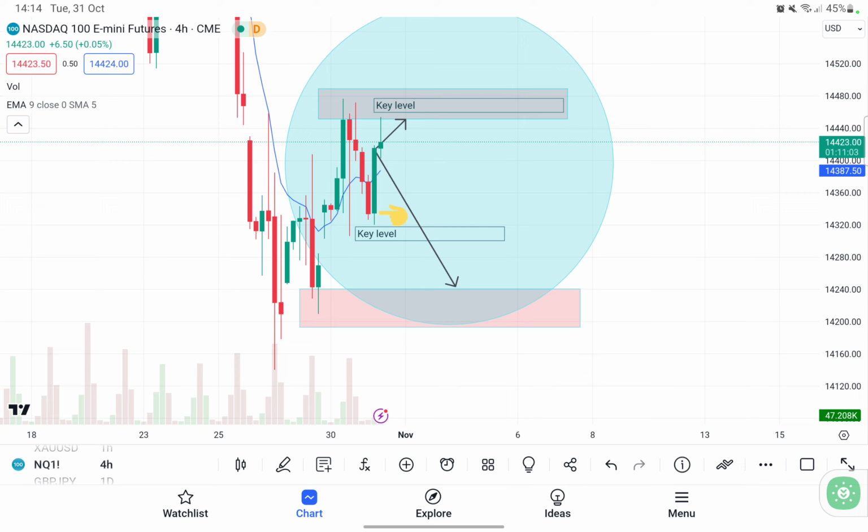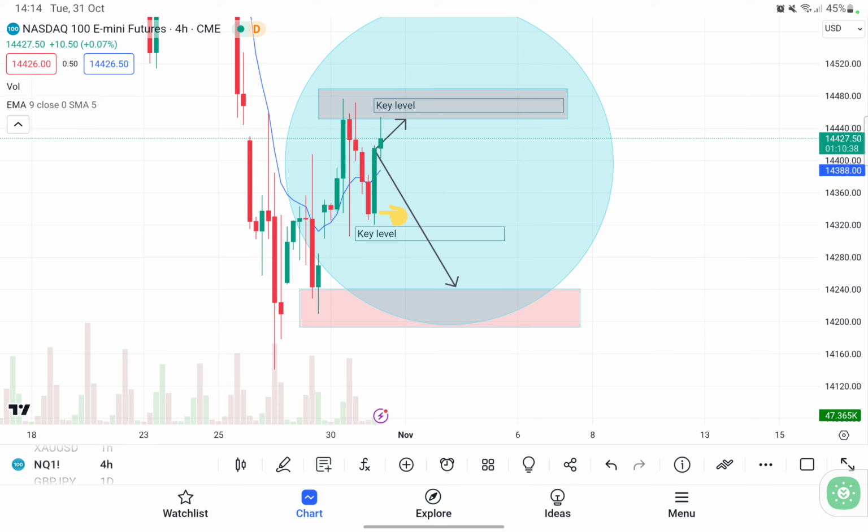However, on most days it will not give me a 1-to-1 because of the concept of key levels. It gives me a wider range and therefore more potential for profit when you make these trades, because you can see that it's given us a large area for us to see where price will potentially go.